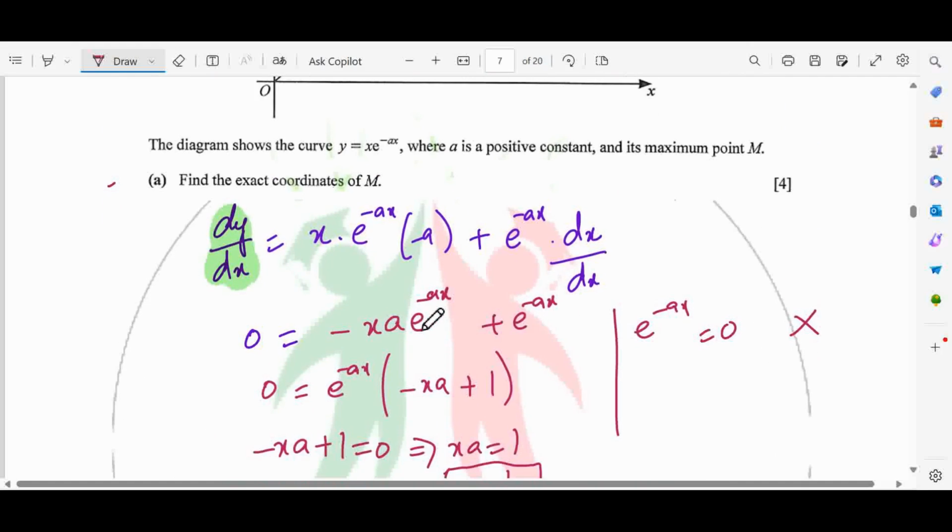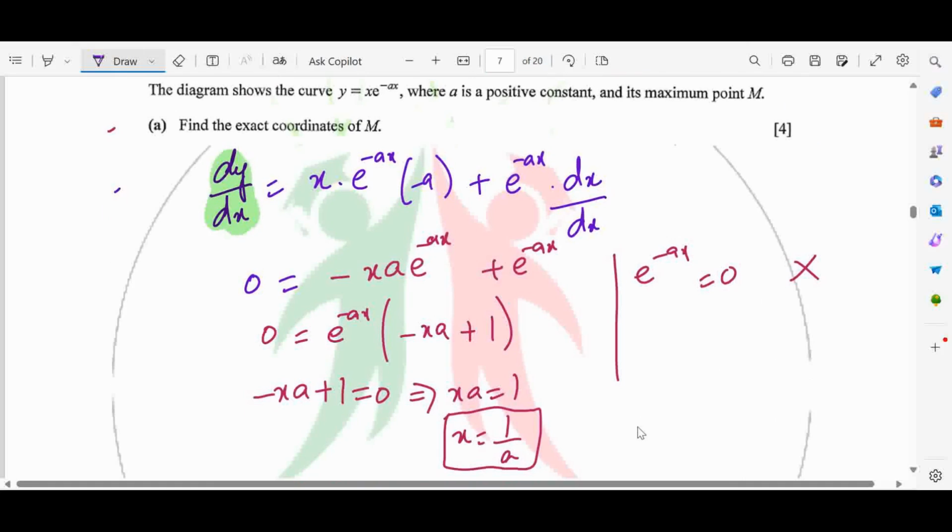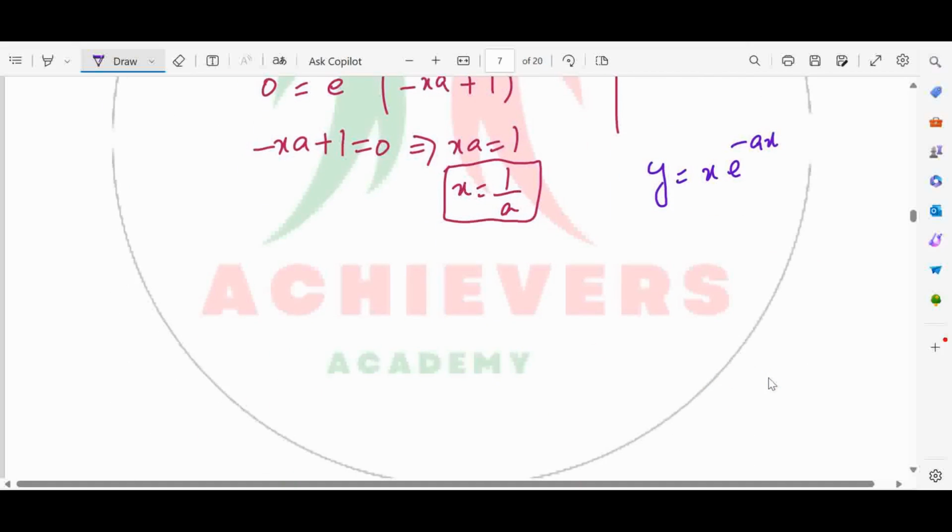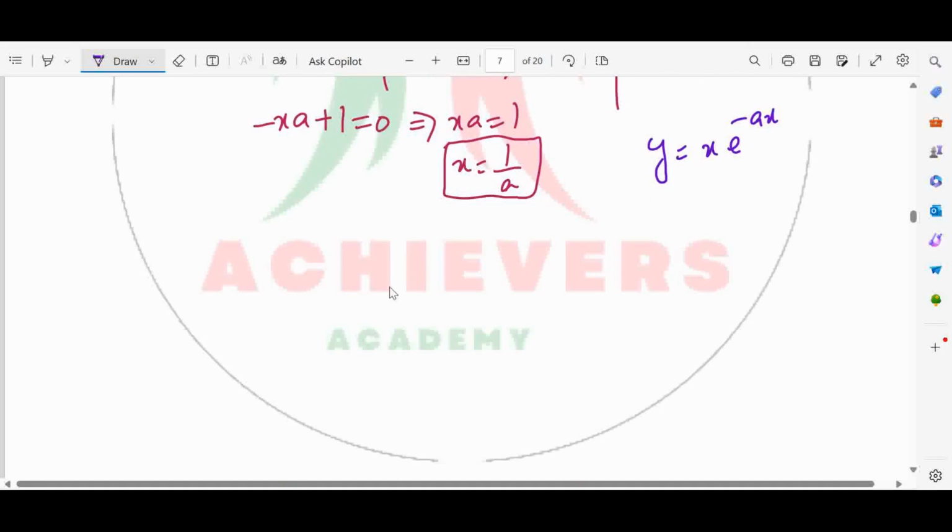For the y coordinate, we know the equation: y equals x e power minus ax. If we replace x with 1 by a, y will be equal to 1 by a e power minus a into 1 by a.